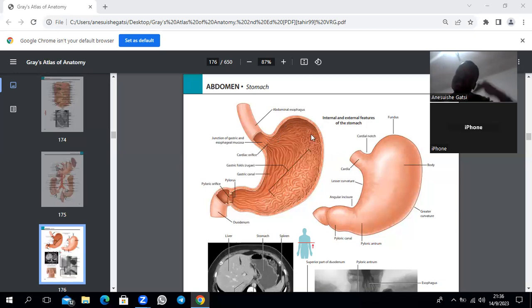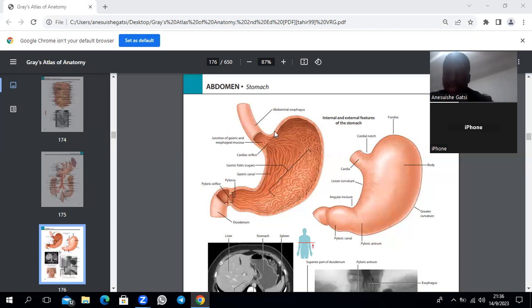So a fundus is a projection above a surface. You find a fundus in the uterus as well. Then this is the body. Then we have what we call the pylorus towards where the duodenum starts. So cardia, fundus, body. Then you talk about the pylorus, right?